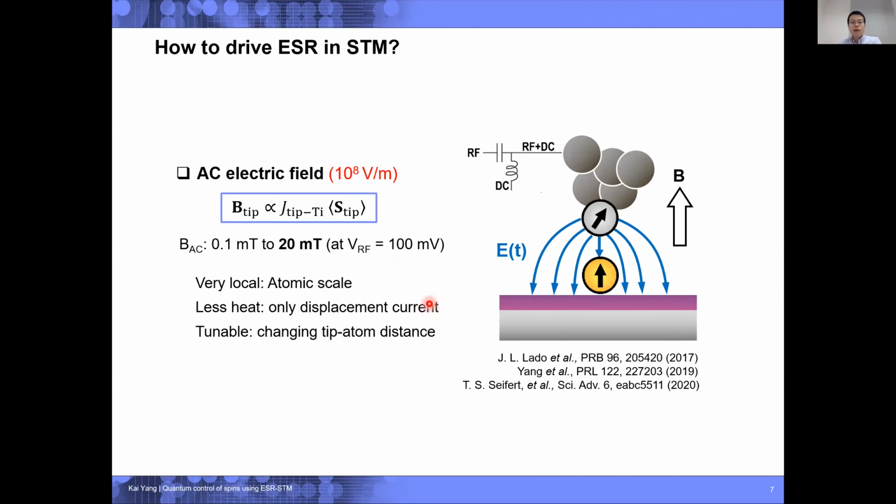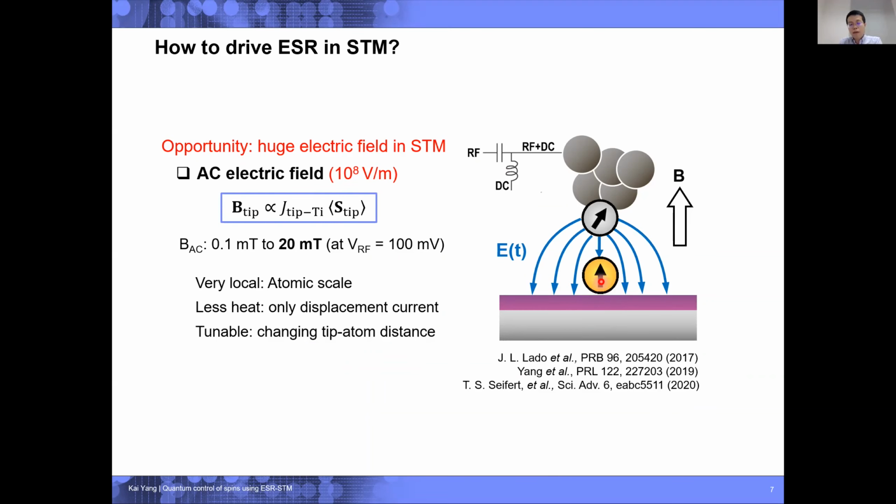Okay, so the first question that you may ask is, how do we drive the ESR in STM? As we discussed earlier, to drive the ESR, we need an AC magnetic field. So in our STM setup, we take advantage of the huge AC electric field in the STM junction. When we apply this huge AC electric field on the charged surface atom, it can induce oscillations of the atom in the vertical direction or other directions.